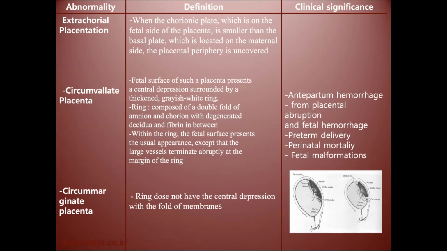Within the ring, the fetal surface has a usual appearance, except that the large vessels terminate abruptly at the margin of the ring. The clinical significance is antepartum hemorrhage from placental abruption and fetal hemorrhage, preterm delivery, perinatal mortality, and fetal malformations.